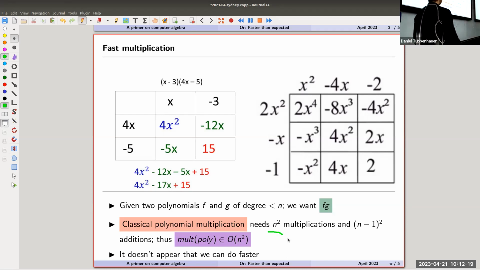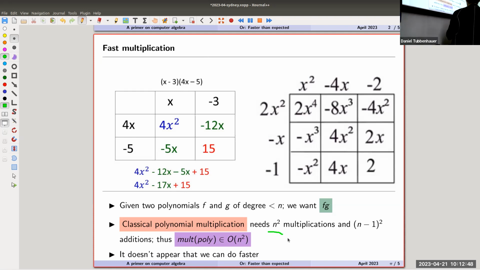And you can check, well, let me just do it for this case. In this case n equals 2, and one addition. So n-squared is 4 multiplications, 1, 2, 3, 4. And if you do the calculation, you'll see that you need (n minus 1) squared additions. In this case, you need 1 addition. That's the addition off the diagonal.